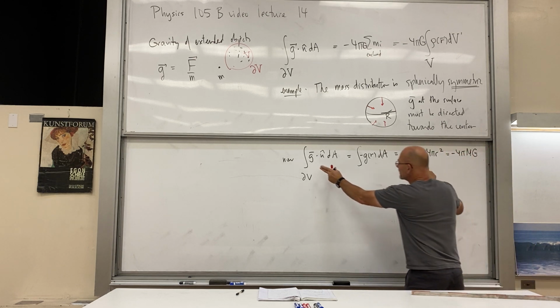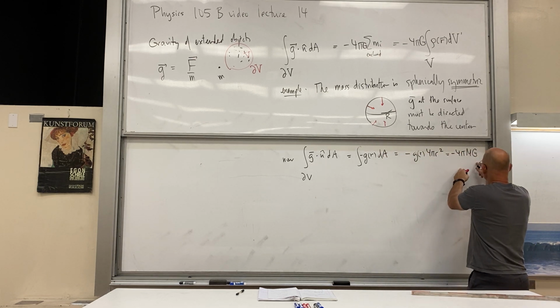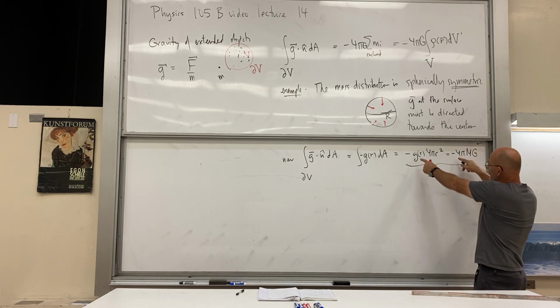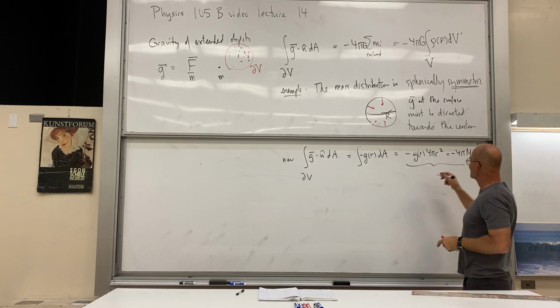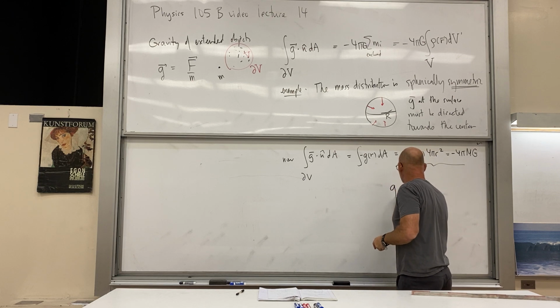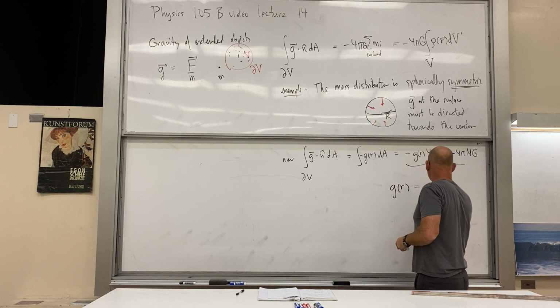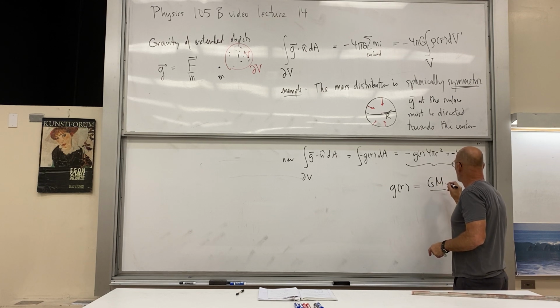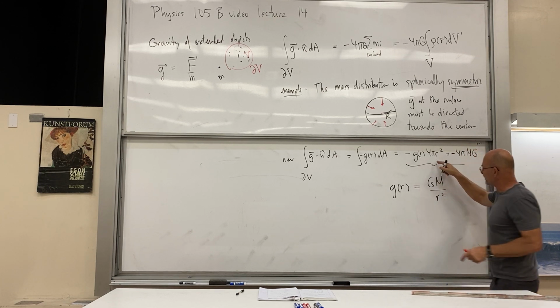This was from this flux integral, and this is from the integral above. And we can just see 4 pi's cancel, minus sign cancels. We end up with G of R is equal to Gm over R squared when we divide through.